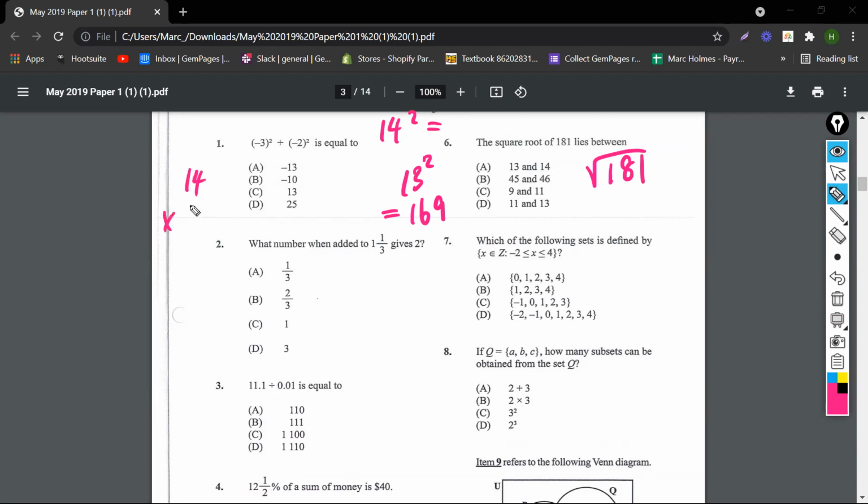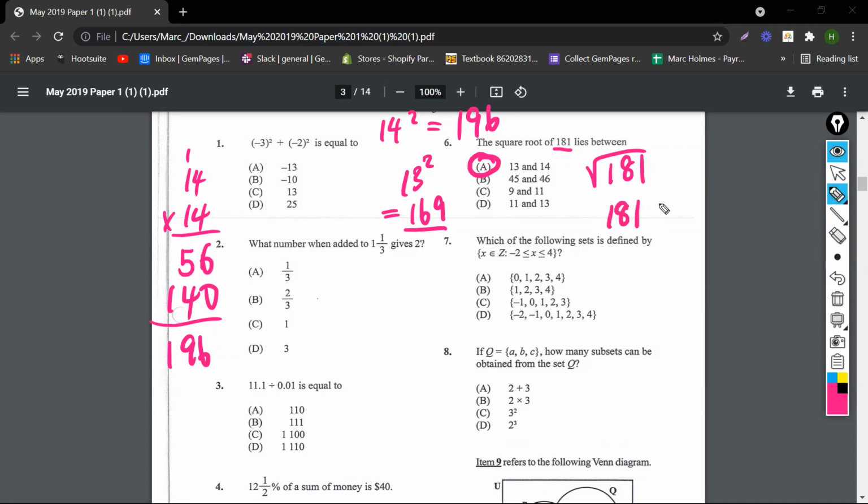Let's just multiply it. 196. So 14 squared is 196, and 13 squared is 169. So the square root of 181 lies between 13 and 14, because 181 is between 169 and 196, which are 13 squared and 14 squared. So definitely the square root lies between 13 and 14.